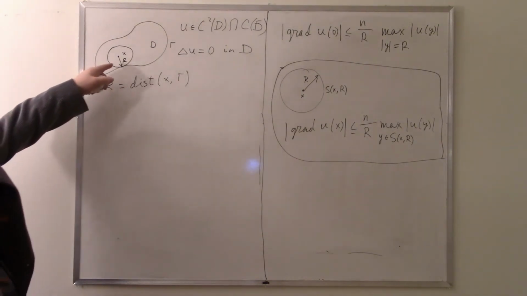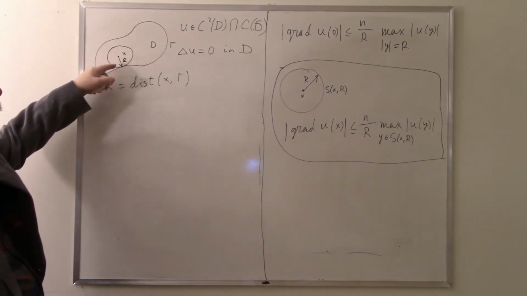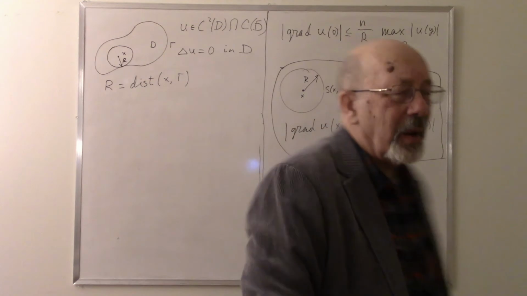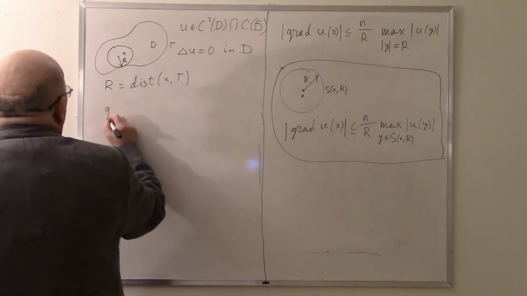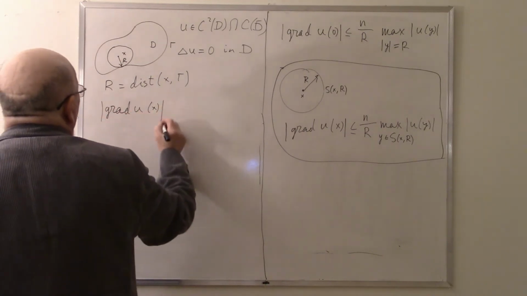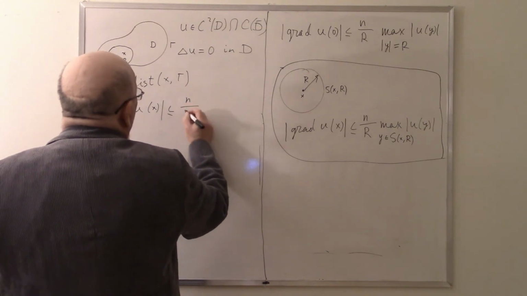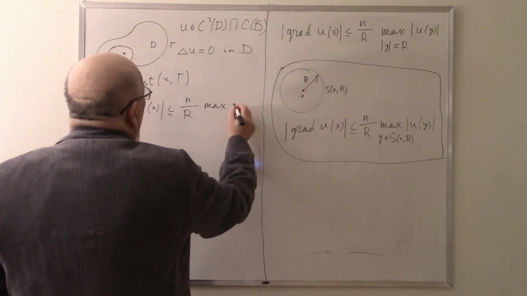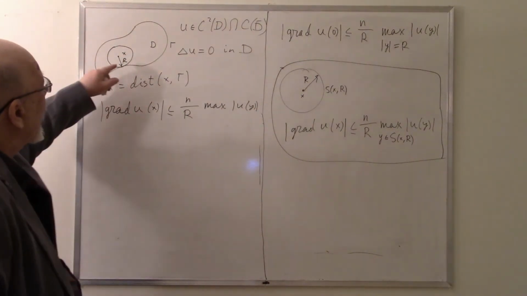And the function is harmonic inside this ball and continuous up to the boundary, and so we can use this estimate and have that the gradient of u at the point x is less or equal than n divided by r times the maximum of the modulus of u(y).